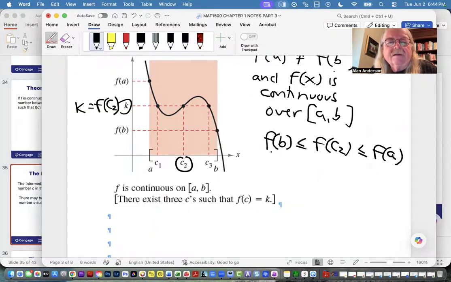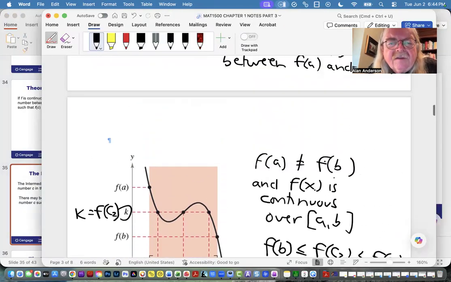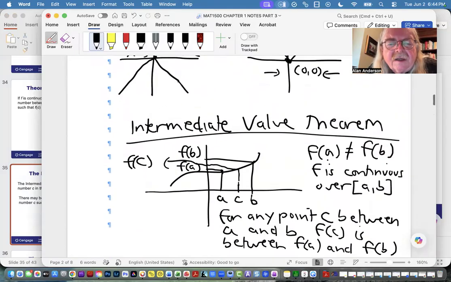Now, what they're also saying here is that we should be able to find two other points where this is true. In other words, K could be thought of as also f of C1 and f of C3. In the graph I did here, I guess I didn't go over that.